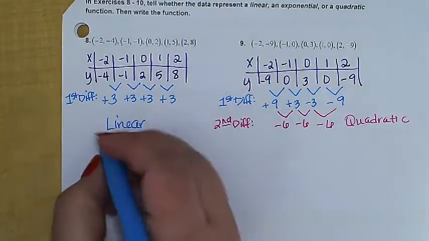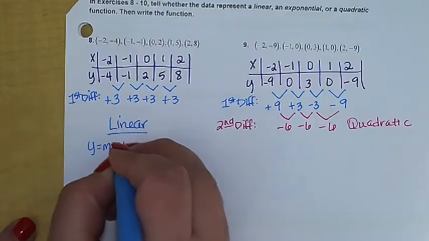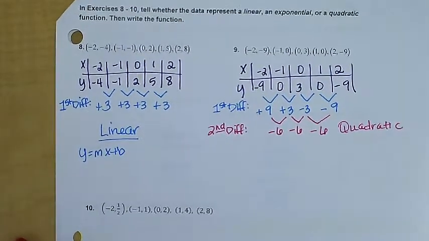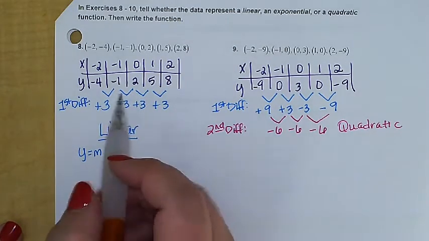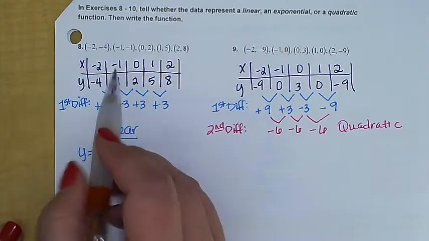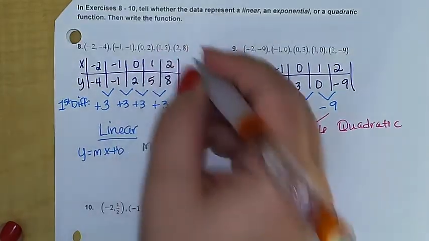Let's back it up. So quick review, right? We know that linears are going to have this form where m is our slope or our rate of change and b is our y-intercept. We're lucky enough here that we already know what the difference is, and we know that the slope is always the change in y over the change in x.